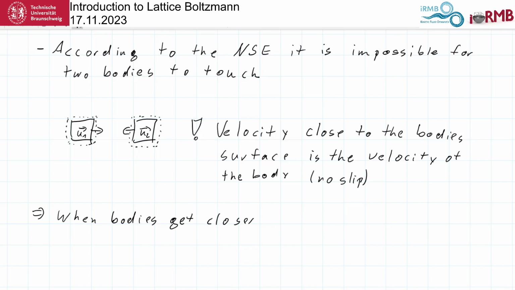So there is a reverse to this. What is actually the reverse? That two bodies that are in contact with each other can never be separated. This is the inverse, because you would need an infinite amount of force to drive them apart. The reason for this is that in the Navier-Stokes equation, the pressure comes in as a potential, and this potential has no bounds.